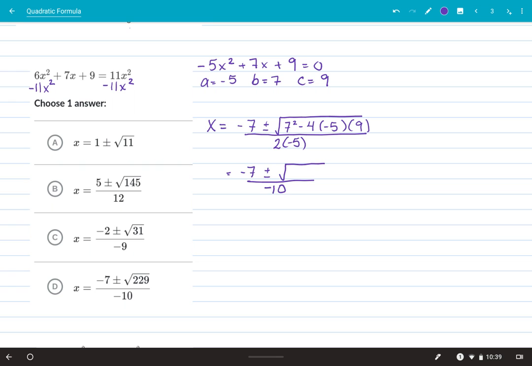And we can do 7 squared minus 4 times -5 times 9. We're going to get 229. And if you notice, our answer is there this time. It's because we could not find two numbers that multiply to give you 229 that will reduce. So we can't go any further. And that's your answer.